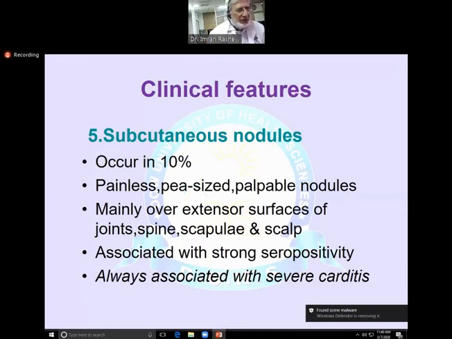If you incorporate E in between C and S, E is for erythema marginatum, and S is for subcutaneous nodules. So this is the mnemonic CPCS, and that will help you in remembering the 5 major features, that is carditis, polyarthritis, chorea, erythema marginatum, and subcutaneous nodules.